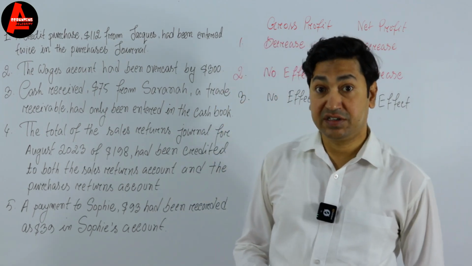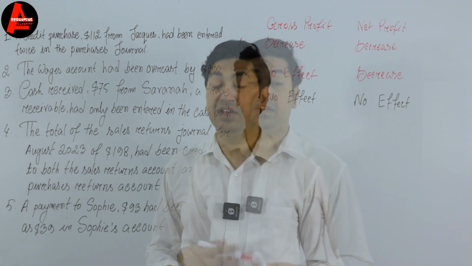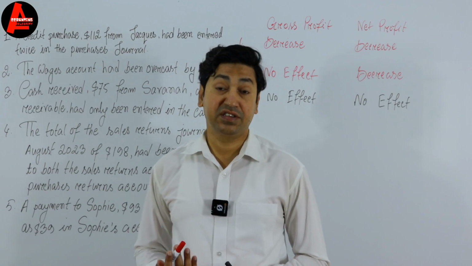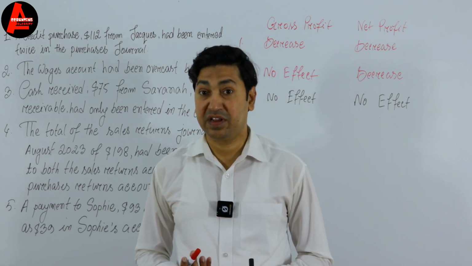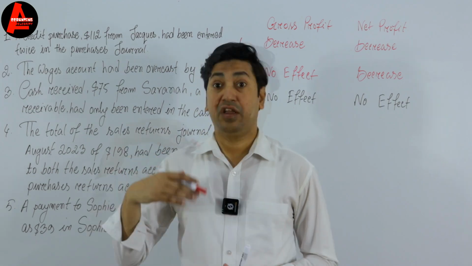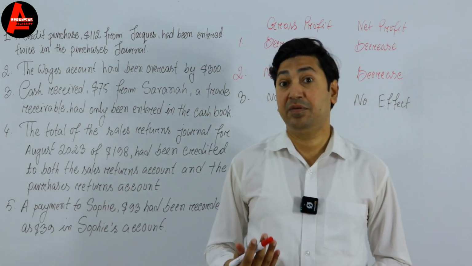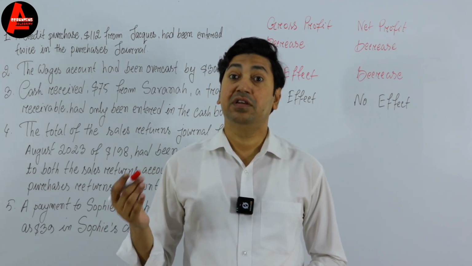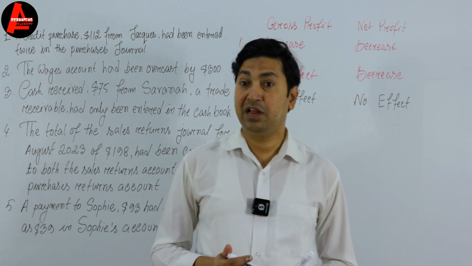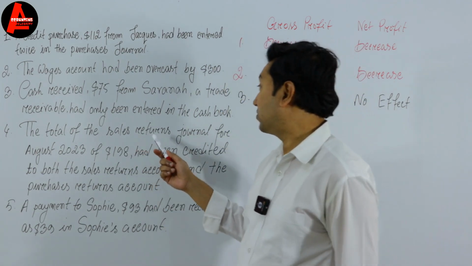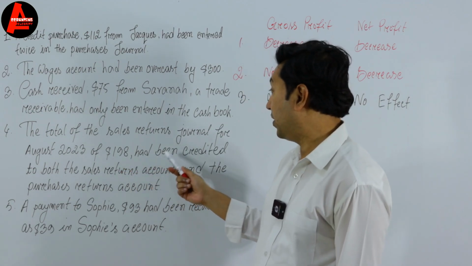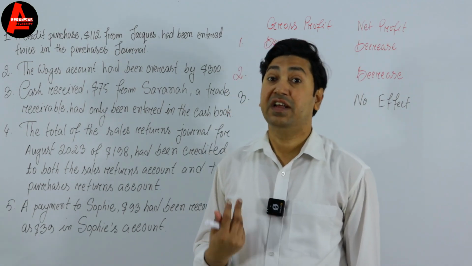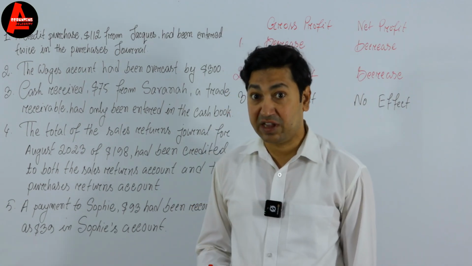So sales returns. What is the sales returns account? These are contra revenue accounts, yeah? So sales returns decrease the gross profit, yeah? When we write revenue first in the income statement, then if there are sales returns, we subtract. That means sales returns decrease the gross profit. Here, what happened? The total of sales returns, $198, had been credited to the sales returns account. Credited means sales returns had been decreased, yeah?